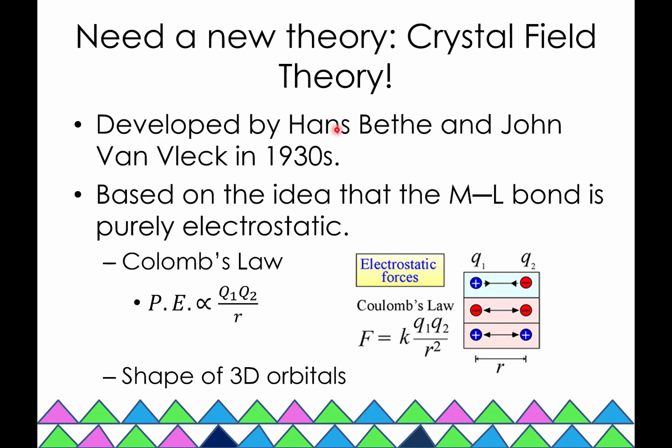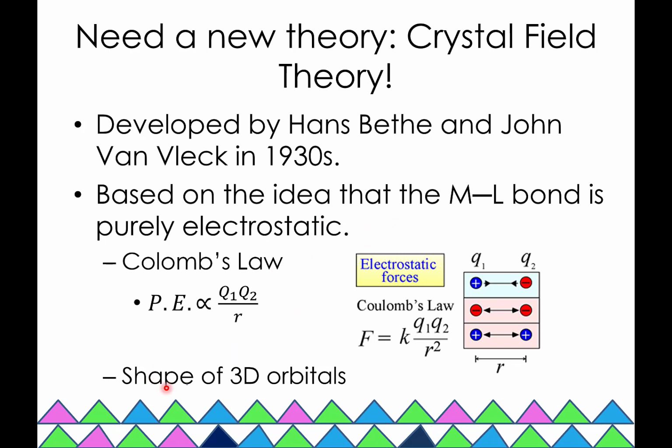But it is a model that we can use to make approximations about complex coordination complexes. Crystal field theory is based on the idea that the metal-ligand bond is purely electrostatic. Now, that's not actually true, but if we make this approximation, we can make some predictions about the properties of these different coordination compounds.